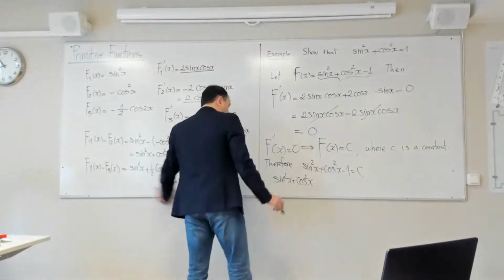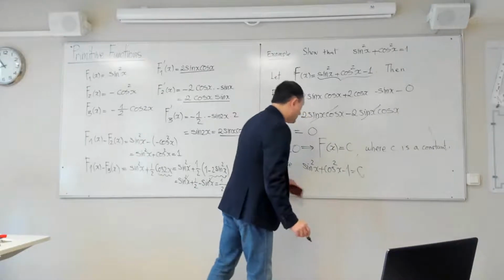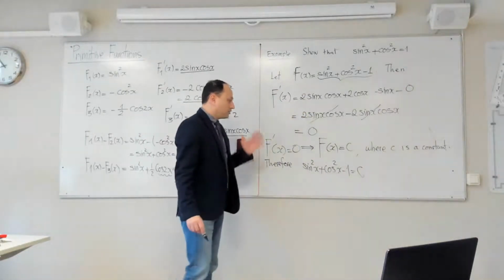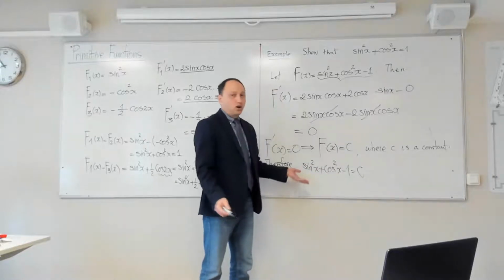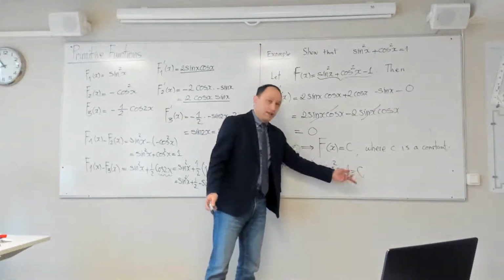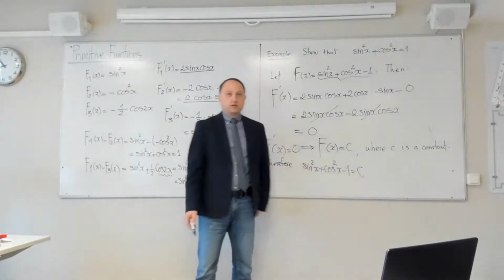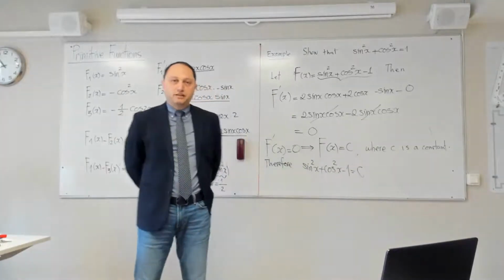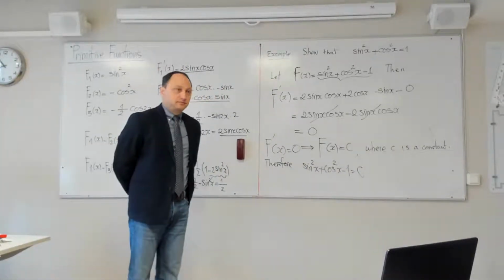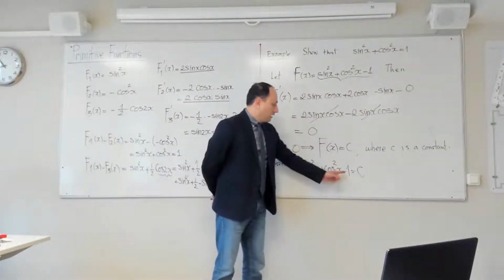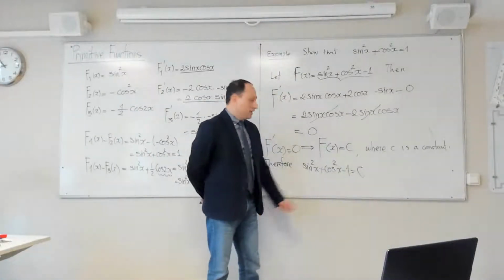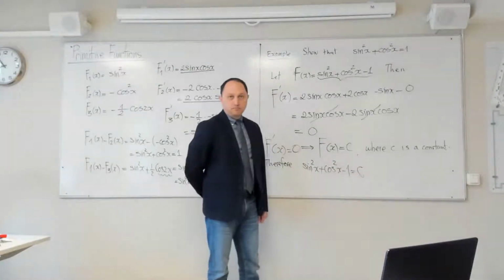Let me stop here. How can I find the constant? Can you tell me? What I have shown so far is that this expression is a constant. But which value? What is the value of this constant? How can I find that value? Of course, if I don't find that value, I move 1 to the right-hand side. It becomes 1 plus c.